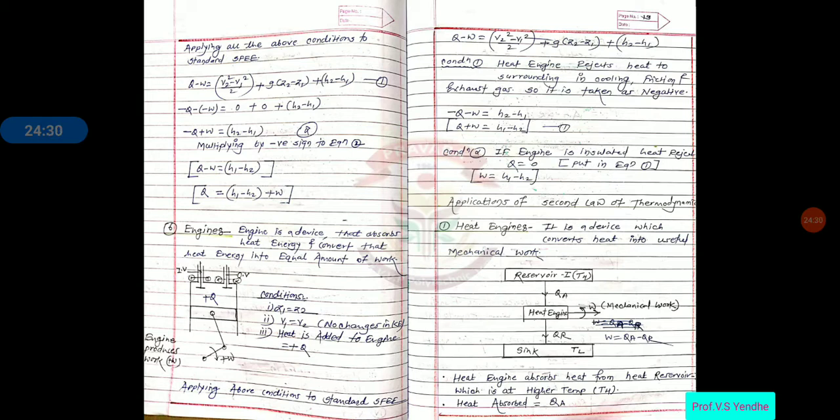Inlet and outlet datum height is the same, so that term also becomes 0. Finally we get minus Q plus W is equal to H2 minus H1. After changing the sign, Q minus W is equal to H1 minus H2. Then Q is equal to H1 minus H2 plus W. This is the final steady flow energy equation for the air compressor.